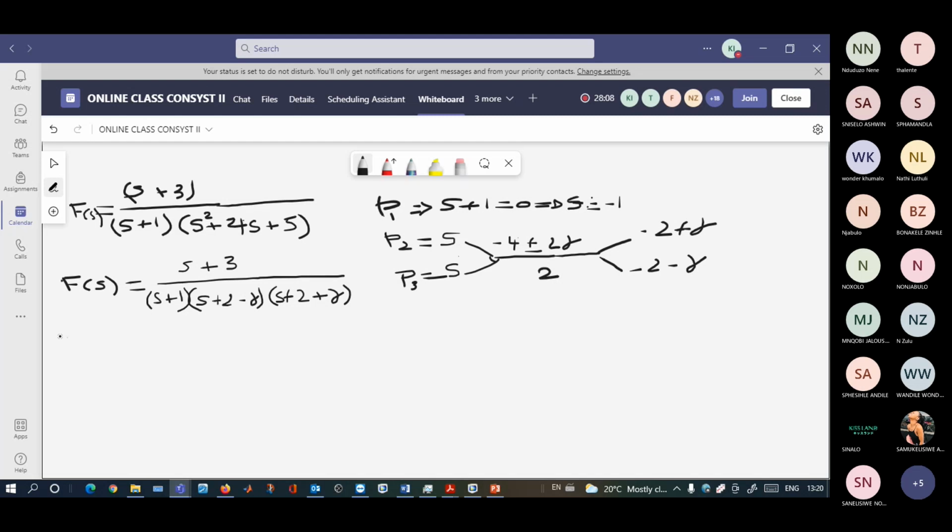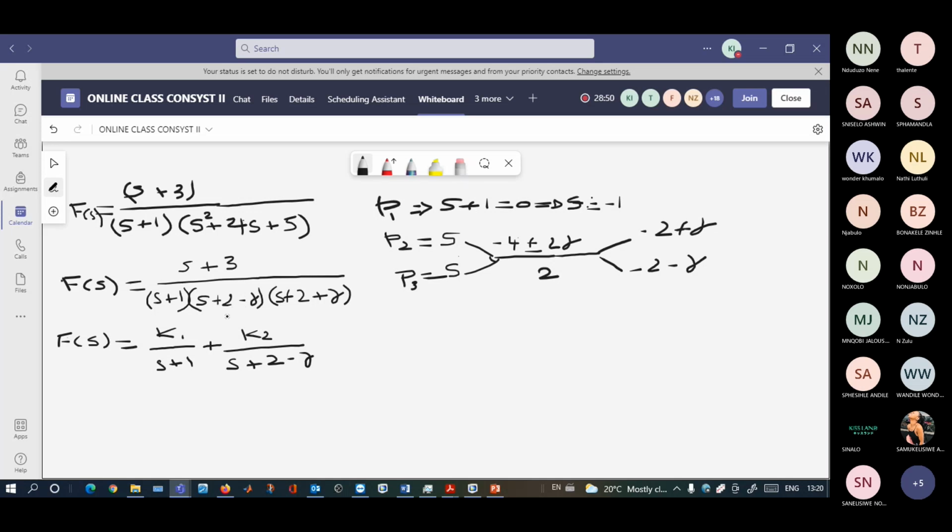Okay, then we can find our partial fraction, which is F of s equal to K1 over (s plus 1) plus K2 over (s plus 2 minus j). If you can see these roots, they are conjugate roots.